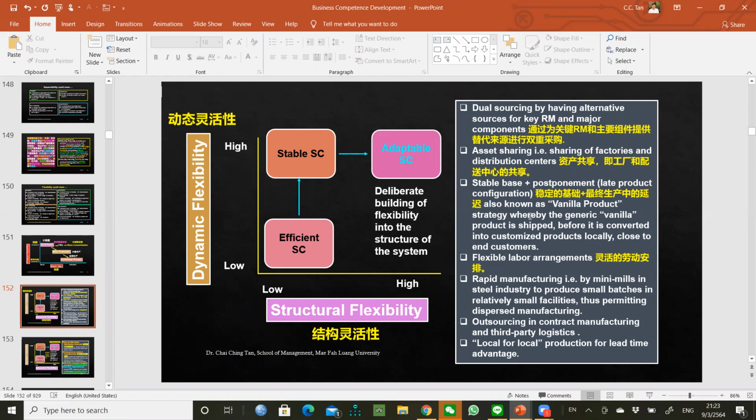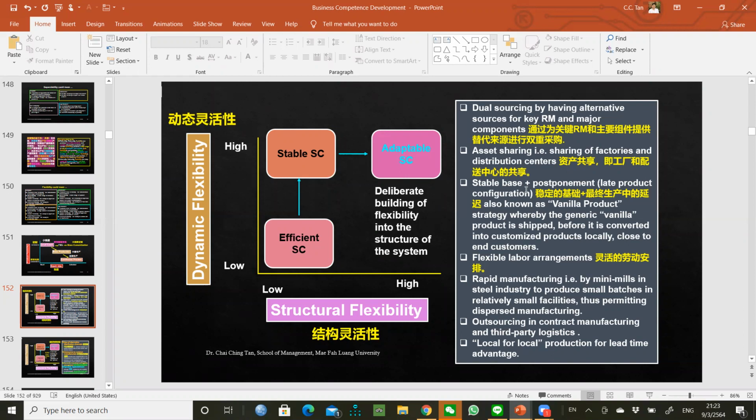Or you can have a stable base production, so that it becomes very, very stable production, and at the same time, when you need to customize, you quickly customize it. So you're turning stable supply chains to be more adaptable. So we are talking about stable base plus postponing your product configuration.